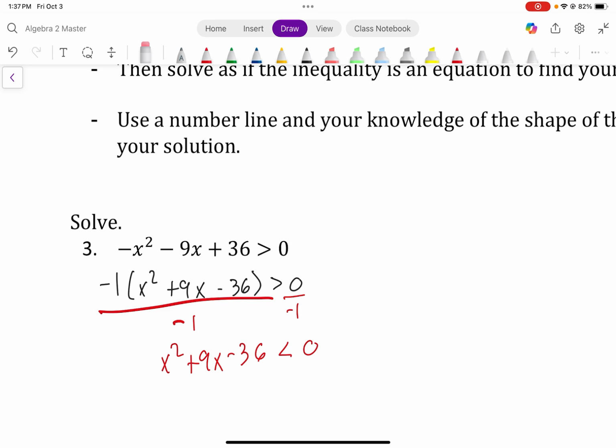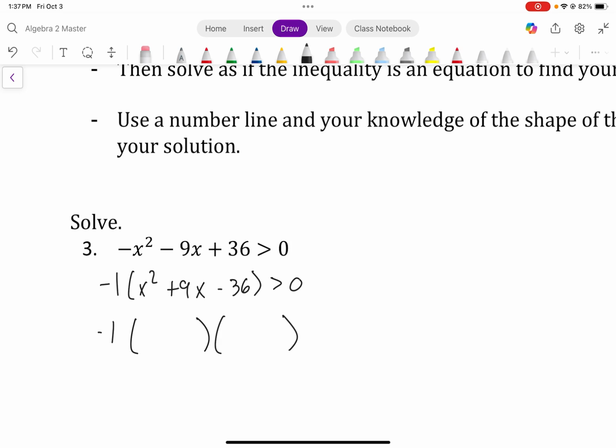We don't need to do that. If you want to, that's perfectly fine, but just as a reminder, factoring and division are different, and this is where that would come in and potentially create a larger issue. I'm just going to leave the -1 as a factor out on the outside there. It doesn't really do anything for us.